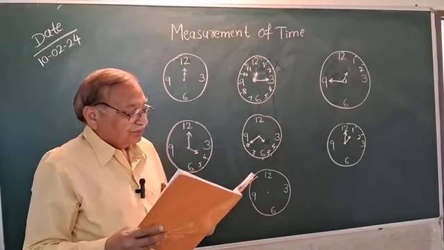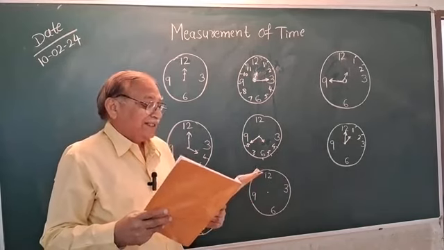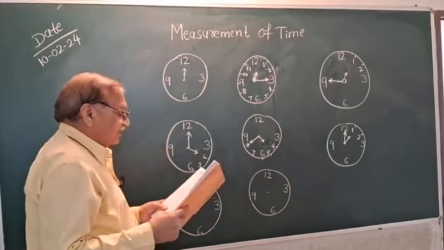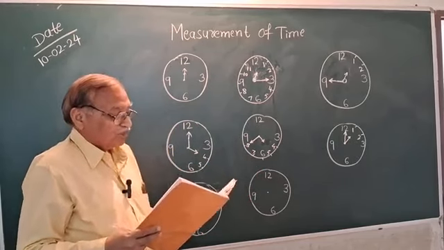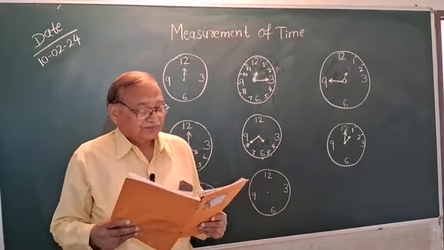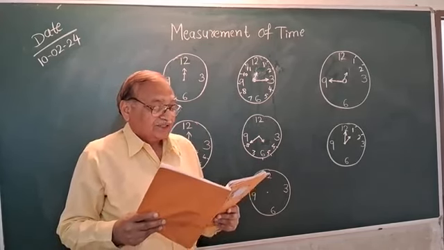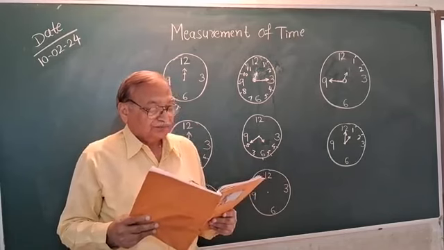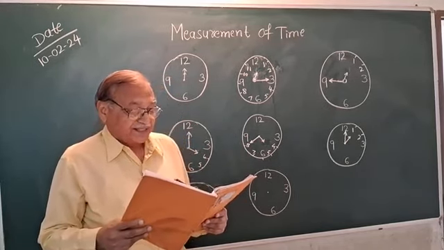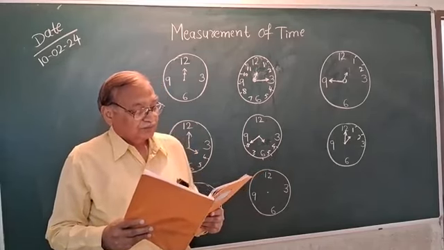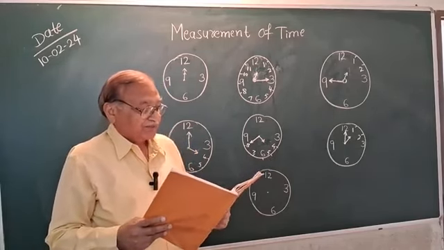Sonu. The short hand goes slowly, but the long one moves faster. Tai. Yes. The short hand shows hours and the long one shows minutes.